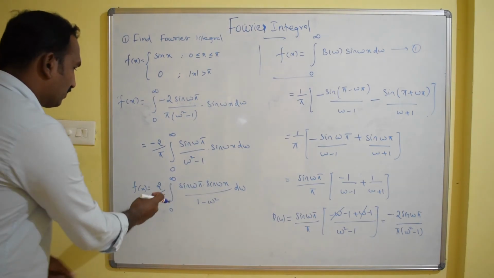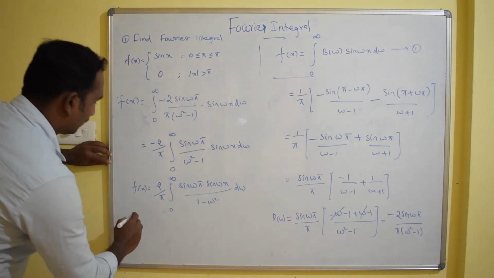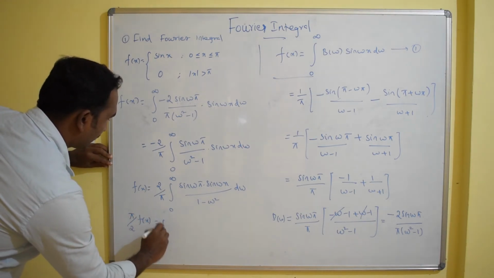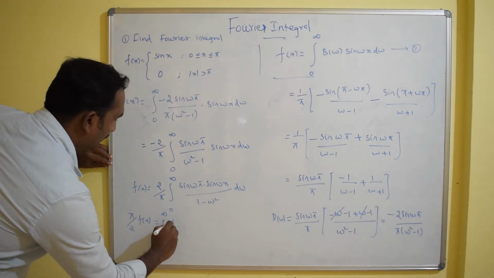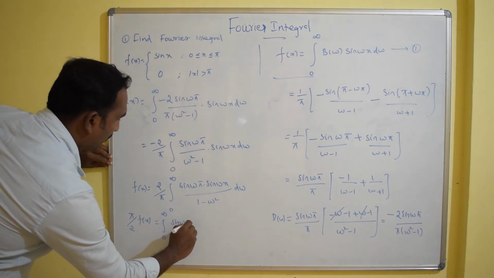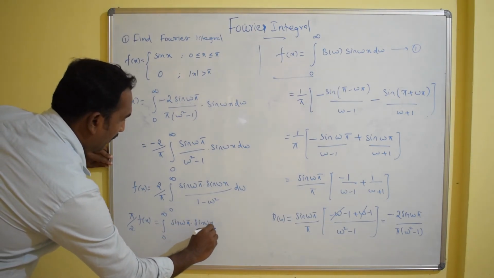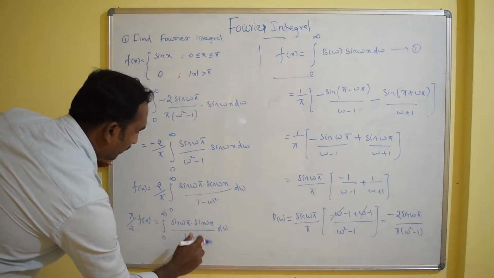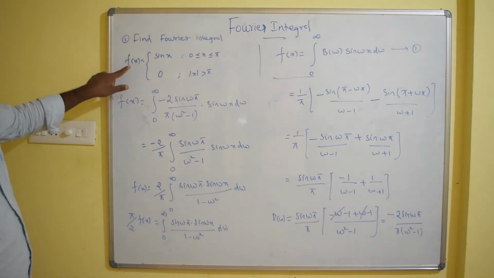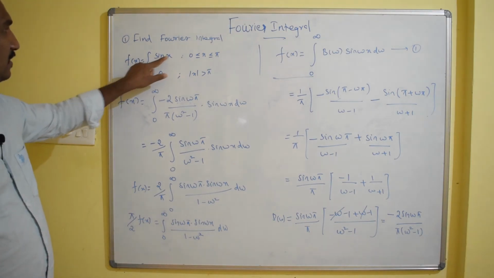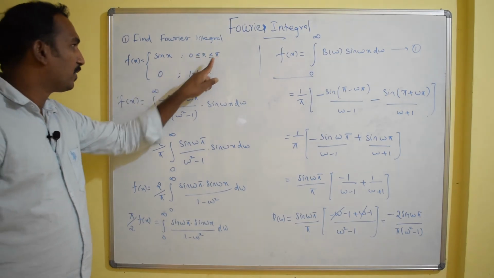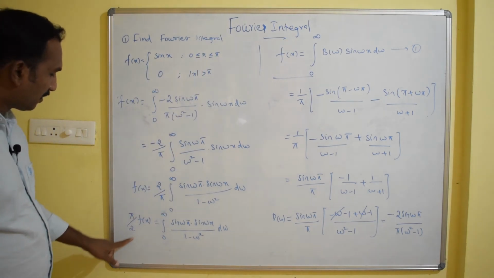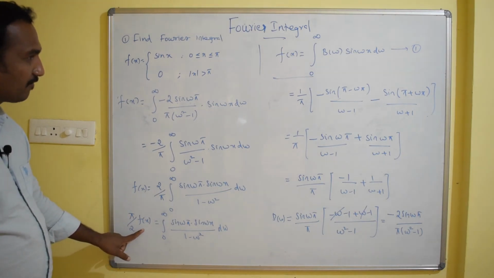So bring 2 by pi here, so that will give pi by 2 times f of x. So integral 0 to infinity sine omega pi sine omega x divided by (1 minus omega square) into d omega equals pi by 2 times f of x. The function f of x is equal to sine x, x lies between 0 to pi, and 0 for modulus of x greater than pi.